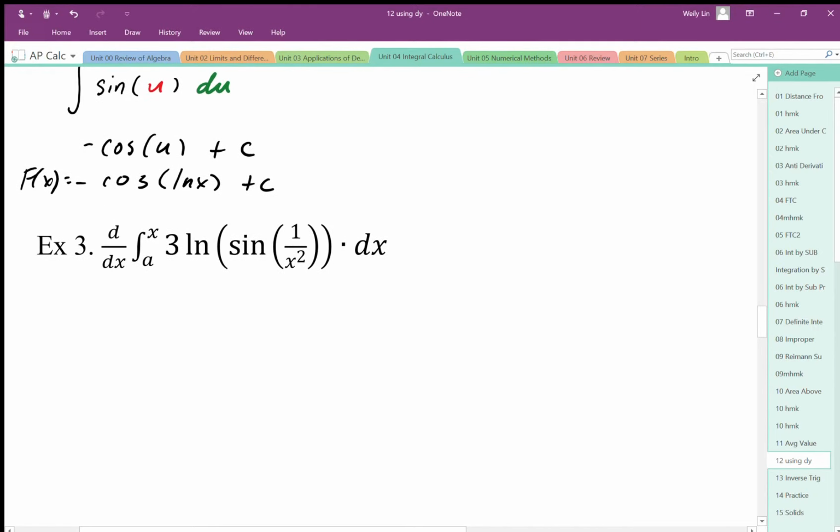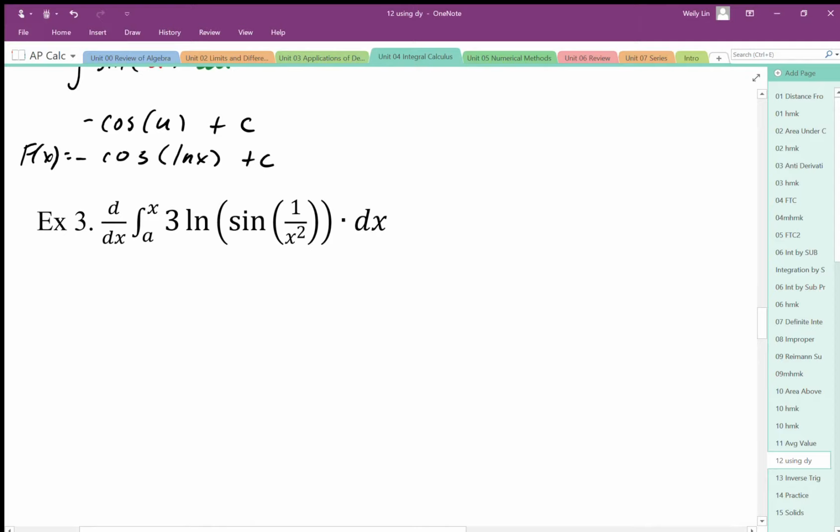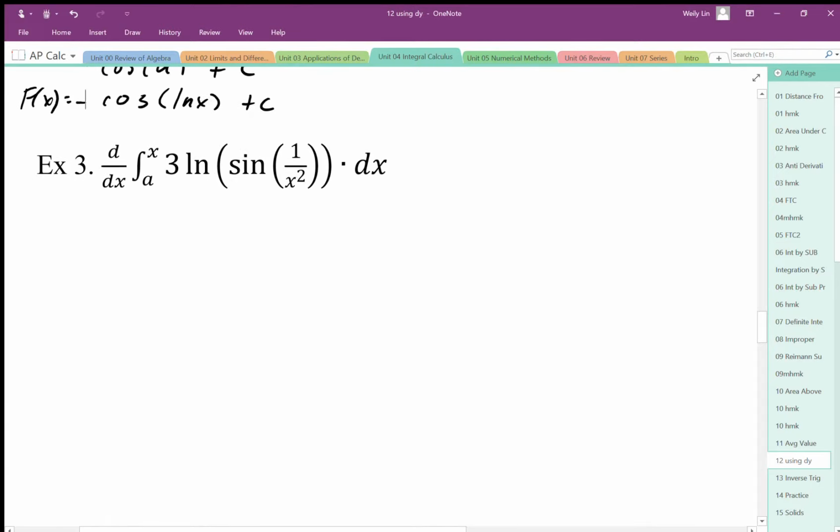This one here, looking at this, we have to use the fundamental theorem of calculus in that we certainly cannot anti-differentiate this. We have multiple layers of embedded functions, which we can't undo with substitution. It's way too complex. But we are taking the derivative of this integral.